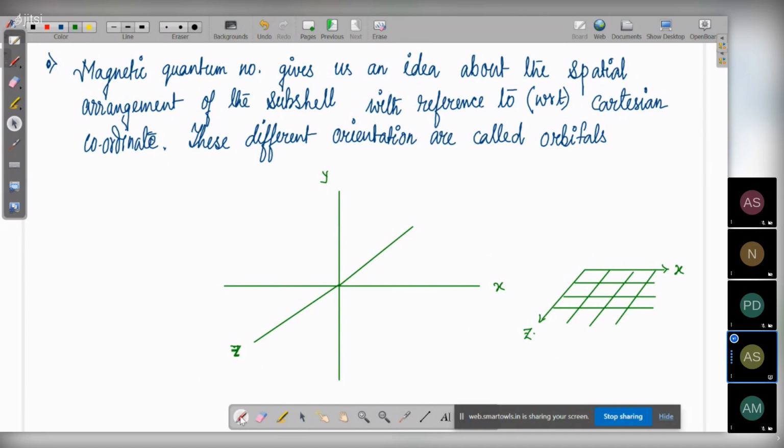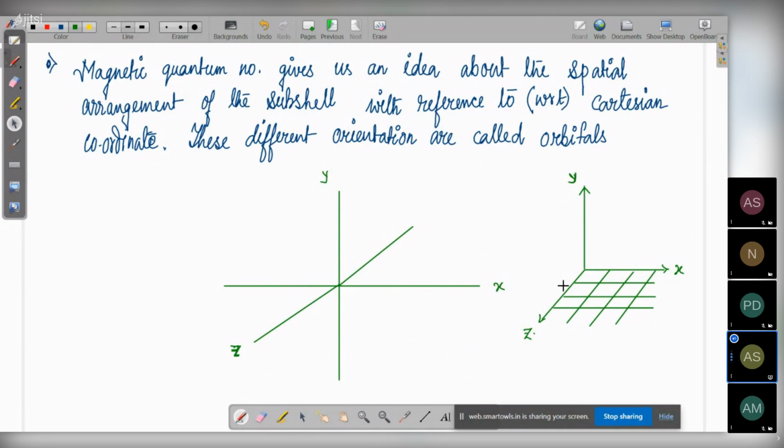Now when you look at the floor from this corner, the wall also reaches up to the ceiling. It is perpendicular to x and z, so you can consider it to be your y-axis. You can always interchange their positions. You can interchange the notation of x, y and z, that's up to you.